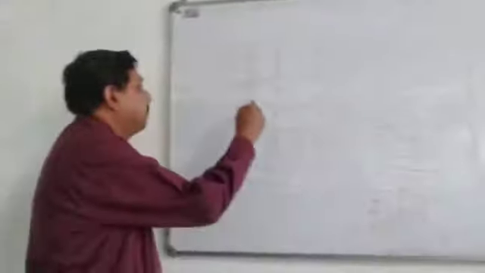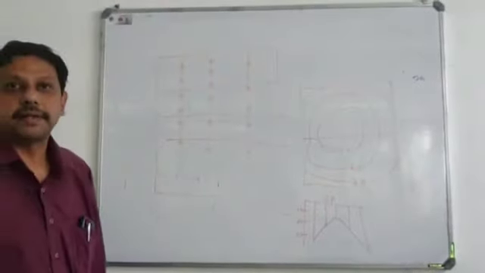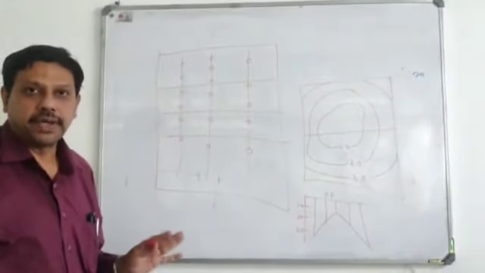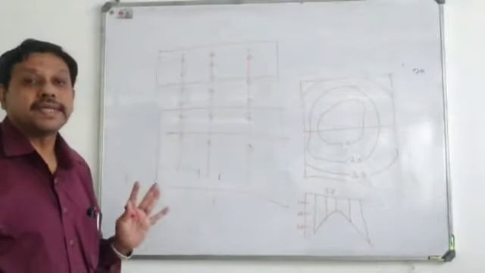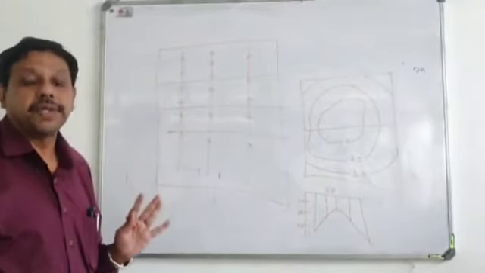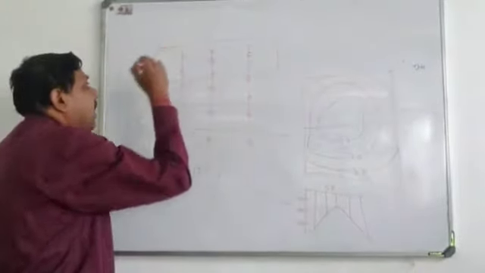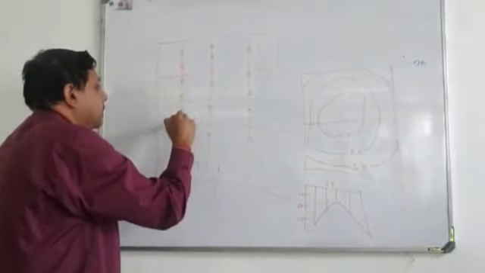You have seen the base map once again. I would like to prepare a map at horizon number 1. I have interpreted horizon 1, I have done the loop test, and I am confident that the interpretation is good. Now I want to know the structural highs and lows based on the two-way time. So I pick the two-way time which I have interpreted and put it on all the shot points.